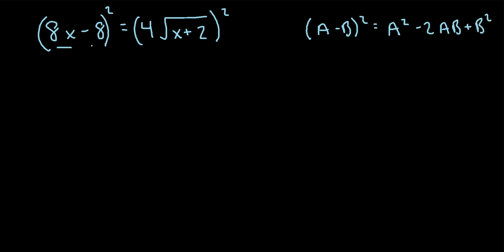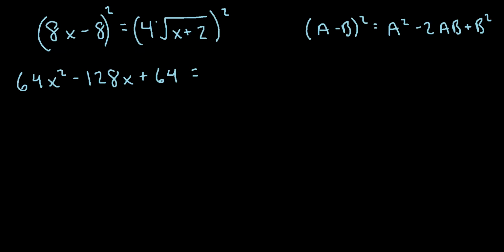So if we call this term a and this term b, we get 8x squared, so that's 64x squared, minus, we multiply these two together, so 8 times 8 is 64, times 2 is 128, so we get minus 128x. And then lastly, we have negative 8 squared, which is plus 64.